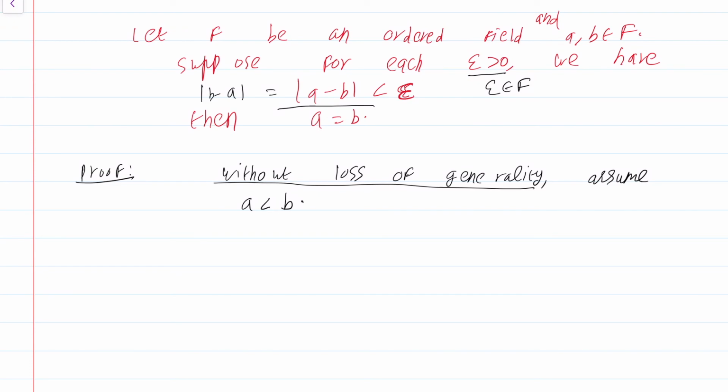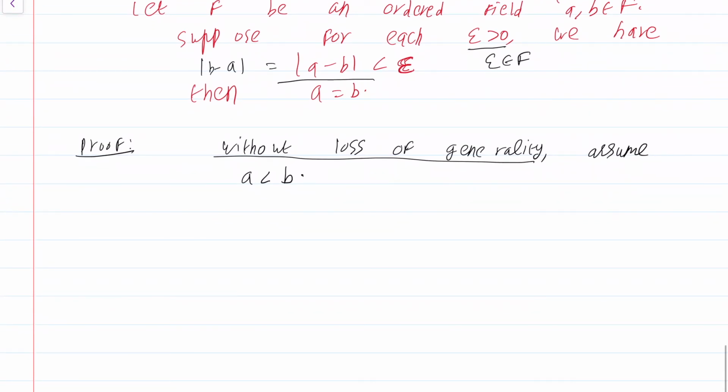Okay. So how does this go? Well, I want to show that this leads to a contradiction. The fact that is given to me is that mod A minus B can be made less than epsilon no matter what epsilon that is. So I have to choose a special epsilon. I choose epsilon to be B minus A by 2. Okay.